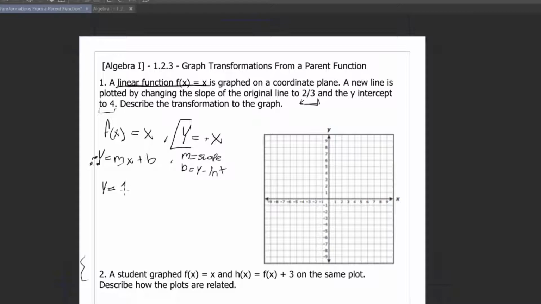So 1, same thing as m, x, plus b. In this case there's no b, so b equals 0. Here's our first equation, equation number 1, our parent equation, y equals x, and we're going to graph that in black.